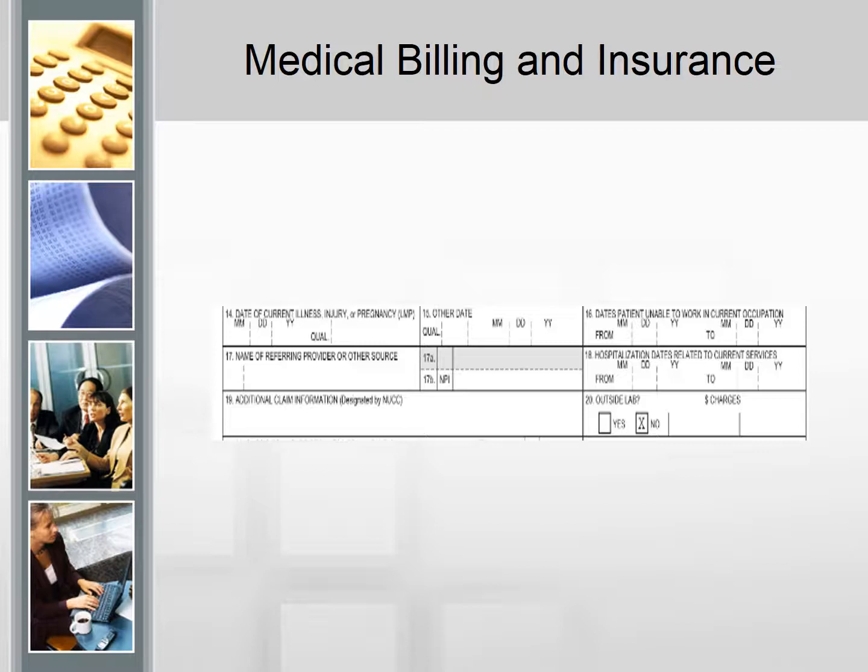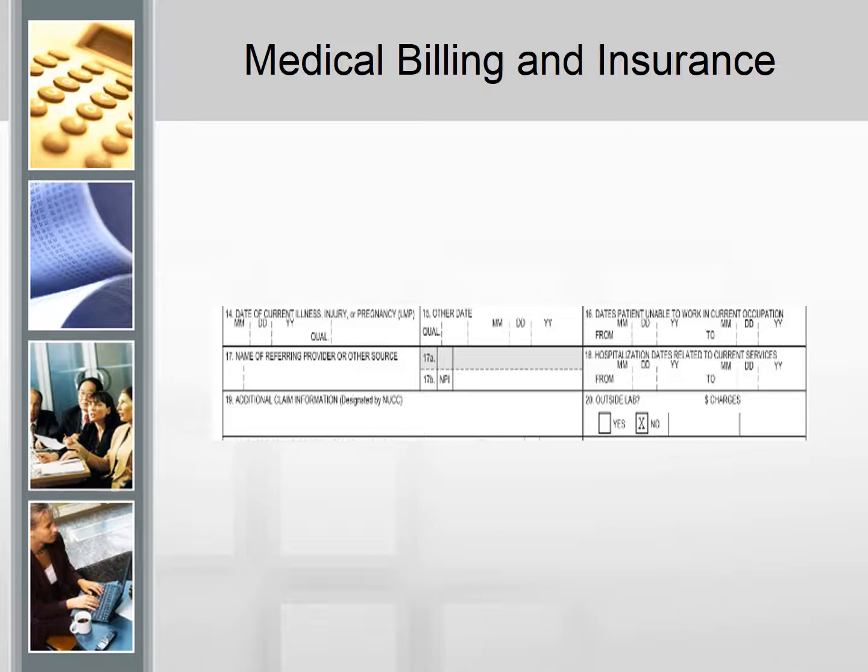Block 17, you're going to list the name and number for a referring provider if one is listed. Block 18 is if the patient is hospitalized, then you would list the from and to dates of their hospitalization, or if they're still hospitalized at the time the claim is filed, then you would list NA for not applicable under the to date section.